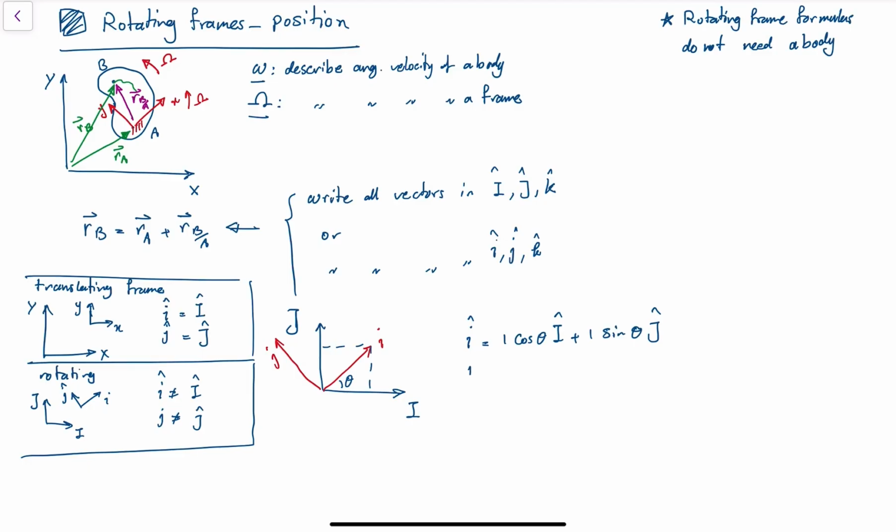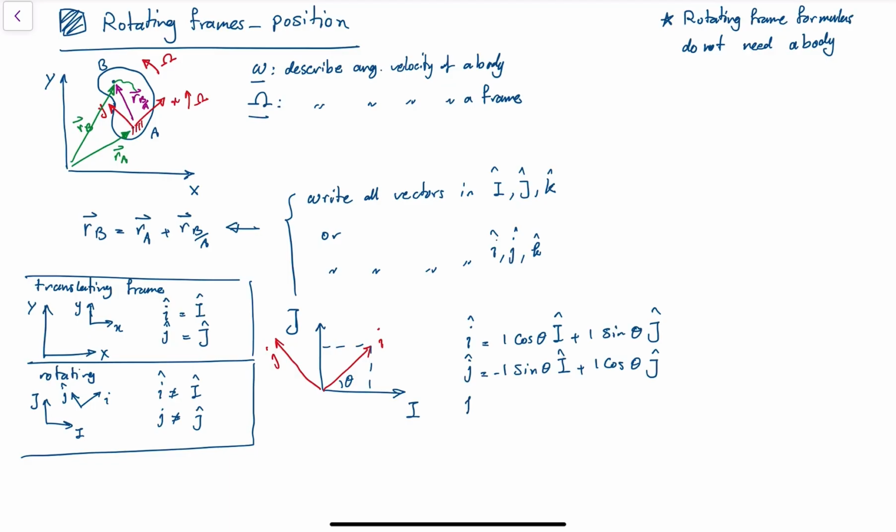Similarly, you can write about little j. Little j is minus 1 sine theta big I plus 1 cosine theta big J. And when you are in planar motion, the two k's remain the same.